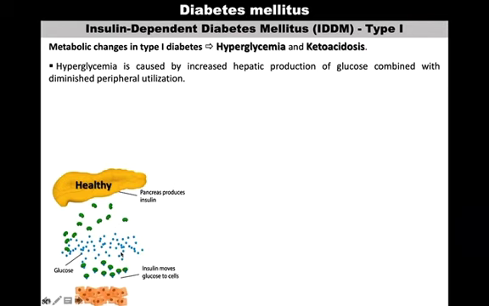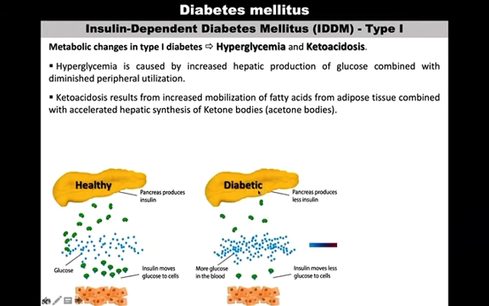And this insulin moves glucose into the cells, or promotes the transportation of the glucose inside the cells. That's in a healthy individual. While in a diabetic, the pancreas produces less insulin, so you will have more glucose in the blood, and less insulin will move glucose inside the cells.